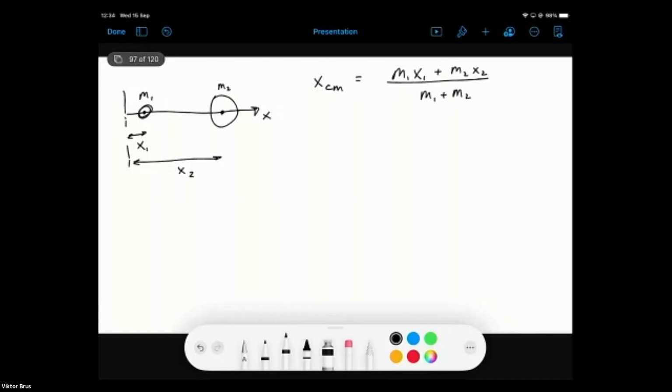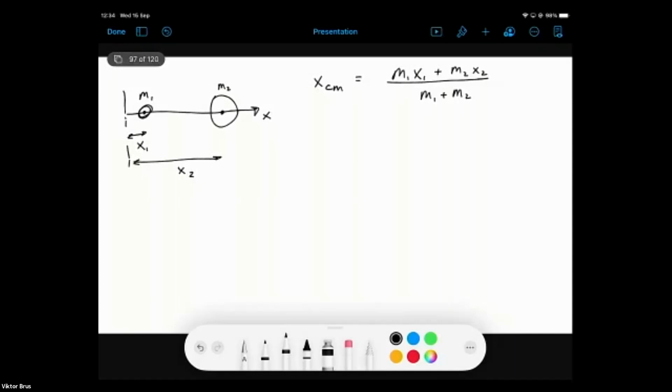So this is the approach for this particular case. Center of mass will be determined by the masses of these two bodies and their location.